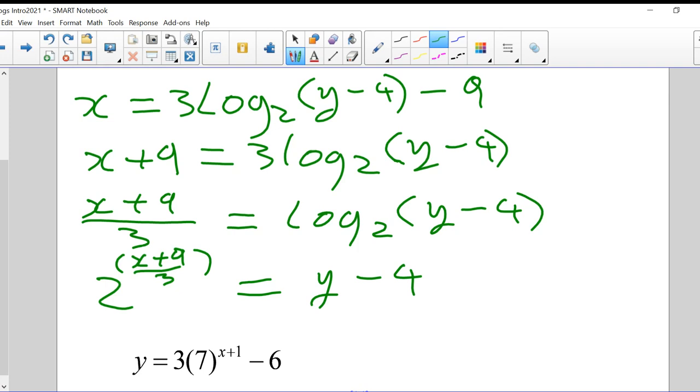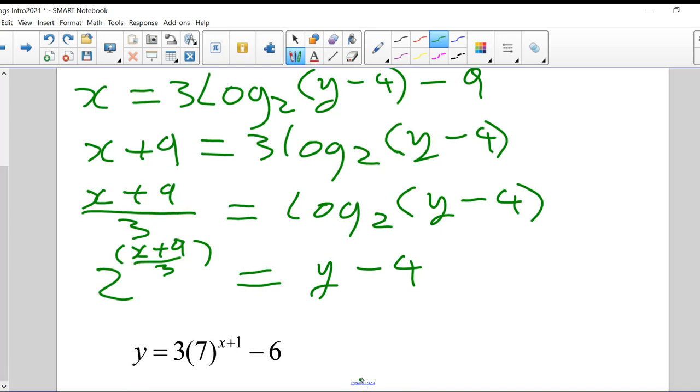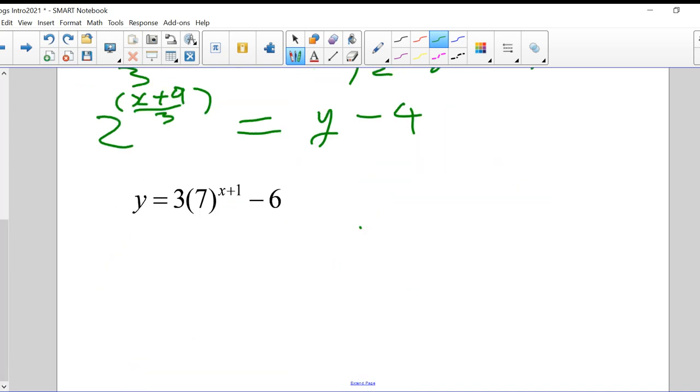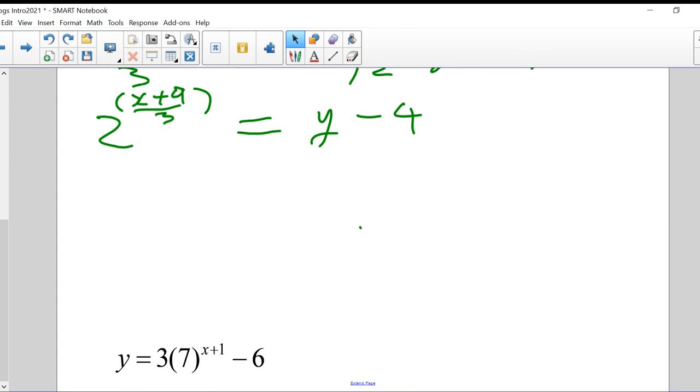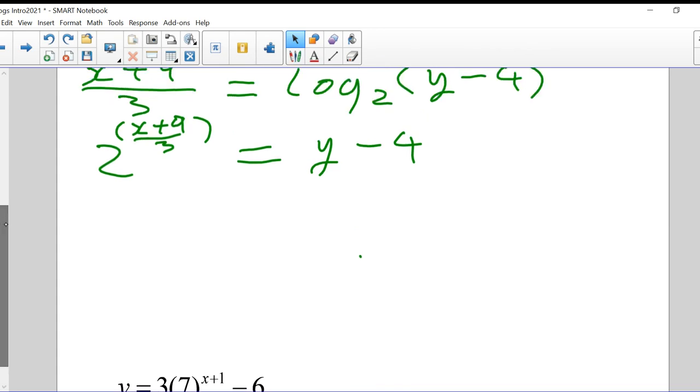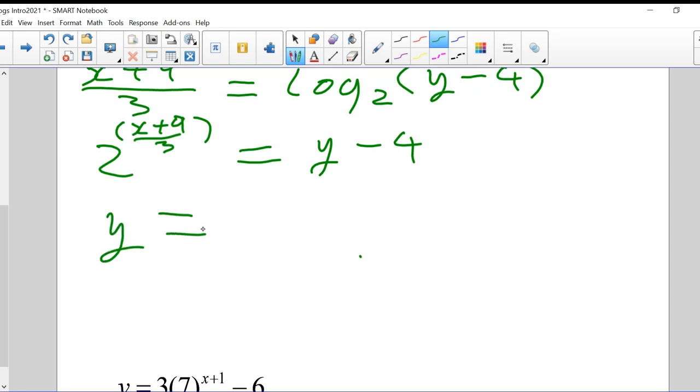Donna, okay, great. Fantastic. So obviously we have one last step to finish this up, and that's to simply add the 4 to the two sides. So now here comes our final function, that y is equal to 2 to the power of x plus 9 over 3, that's an exponent, plus 4.